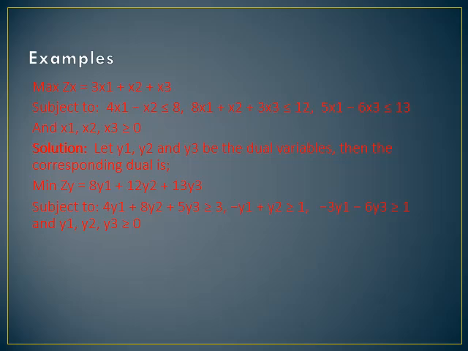4y1 plus 8y2 plus 5y3 more or equal 3. More or equal 3. 3 is the coefficient of the primal objective function.